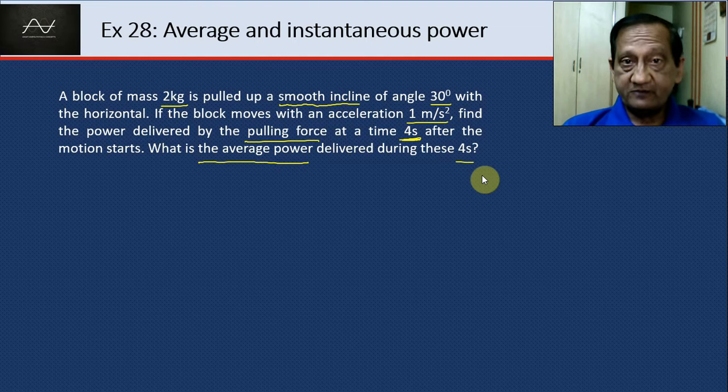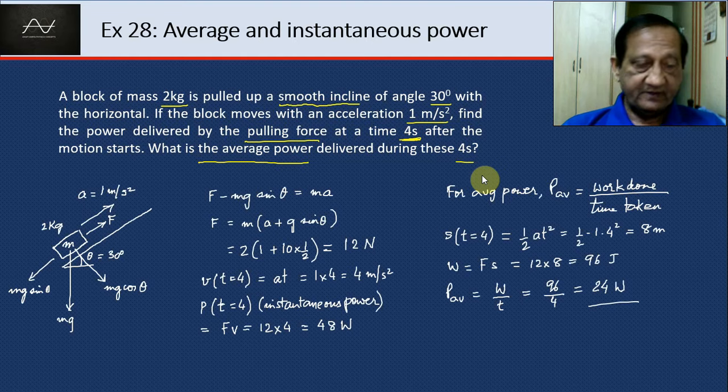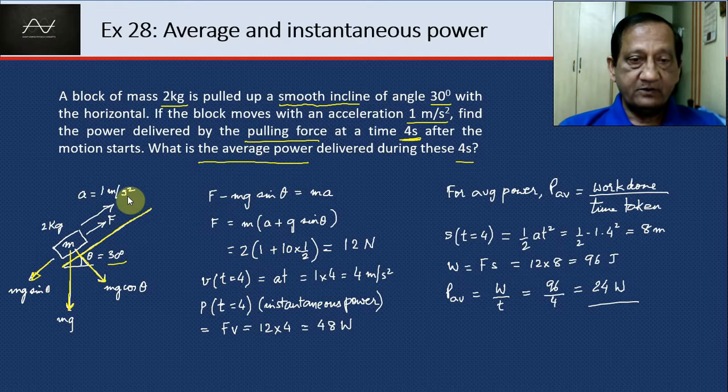Instantaneous power would be taking the instantaneous values of force and velocity. So let's look at the picture. The plane is inclined at theta equal to 30 degrees. Weight will act downwards. The component of the weight down this direction is mg sine theta, and perpendicular to the plane is mg cos theta. And it is moving with an acceleration of 1 meter per second square.